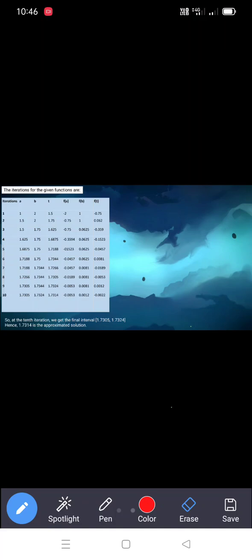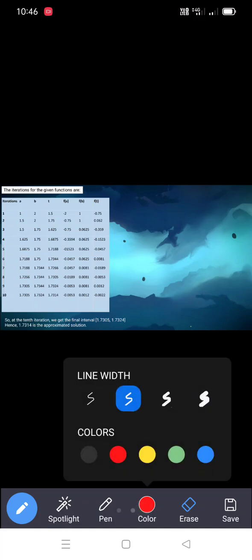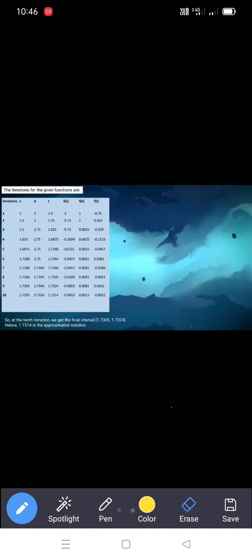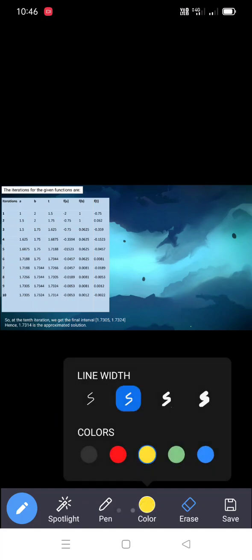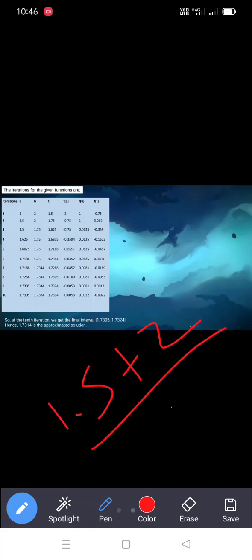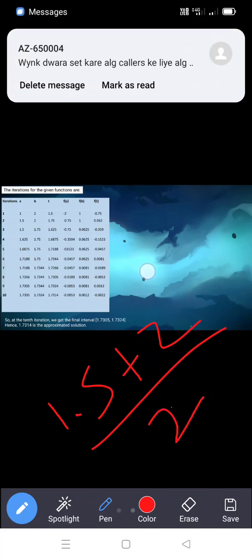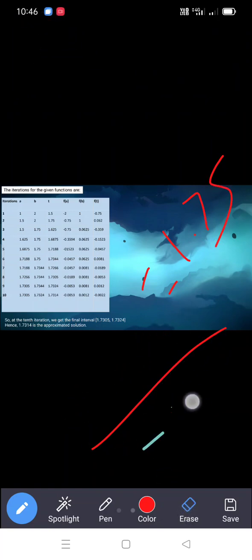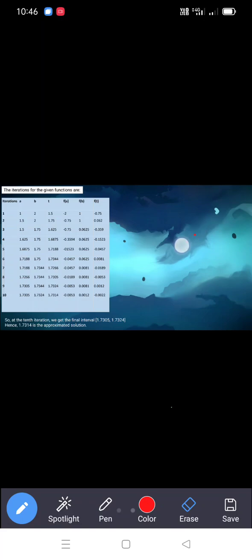Then a plus b divided by 2, what will it become? 1.5 plus 2 divided by 2. So it will become 1.75.